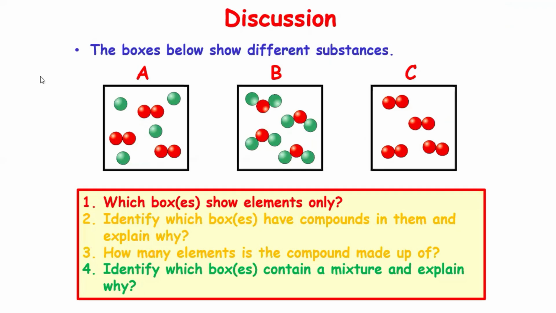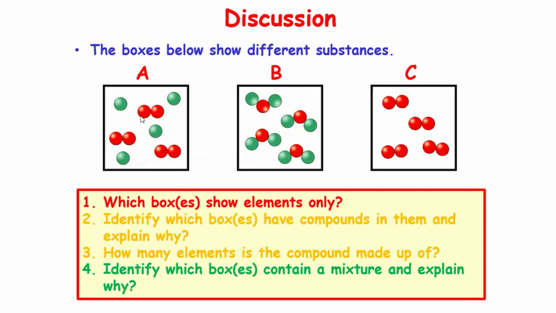Okay, time to check your answers. Now, which boxes show elements? Well, box A, you've got the single green atoms, so that has to be an element. And you've also got these red atoms that are bonded together, and that's also another element. So we've actually got 2 different types of elements.